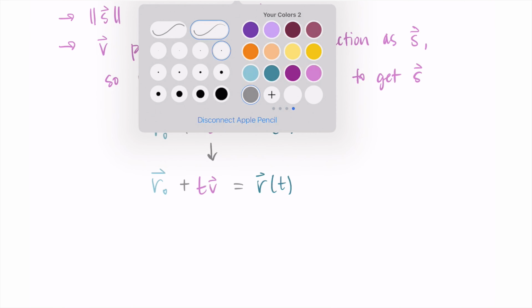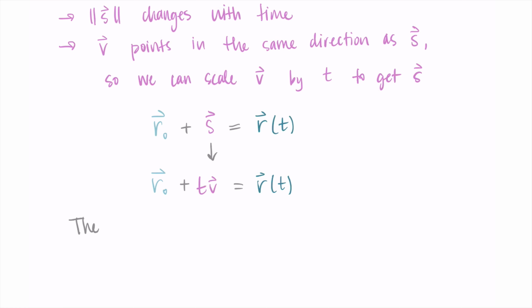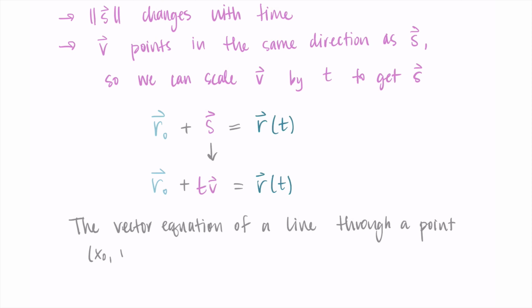We say the vector equation of a line, and that line goes through a point. Let's call the point x0, y0, z0, and it goes in the direction v.